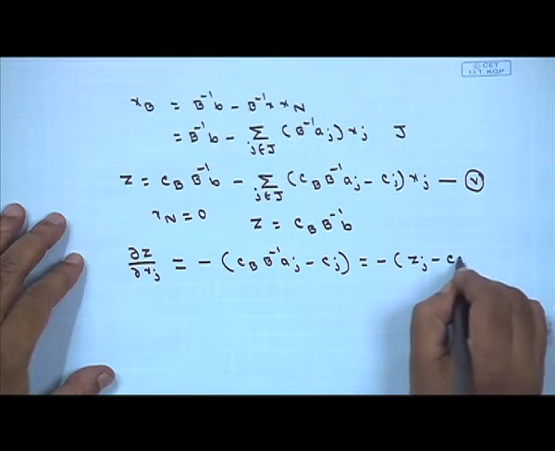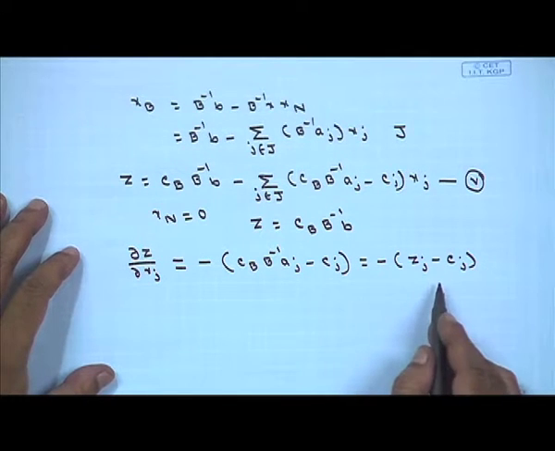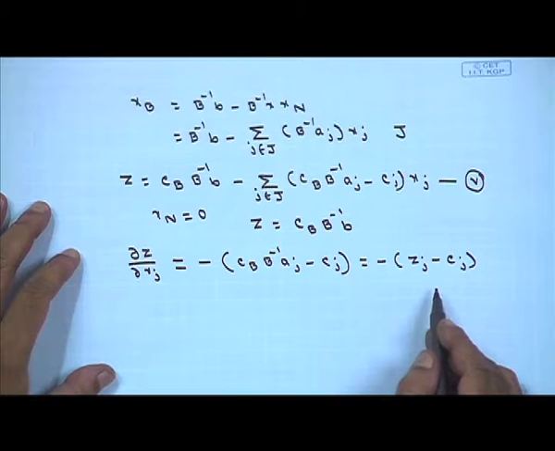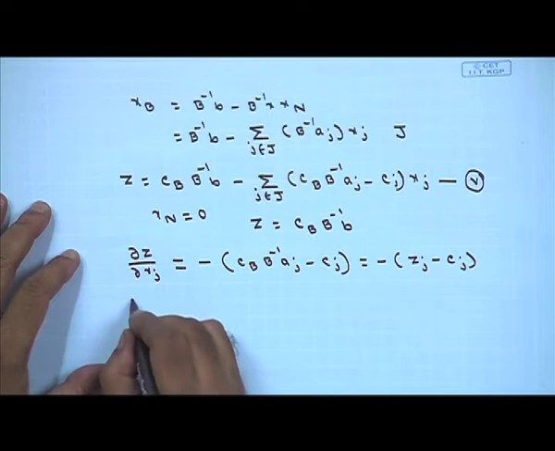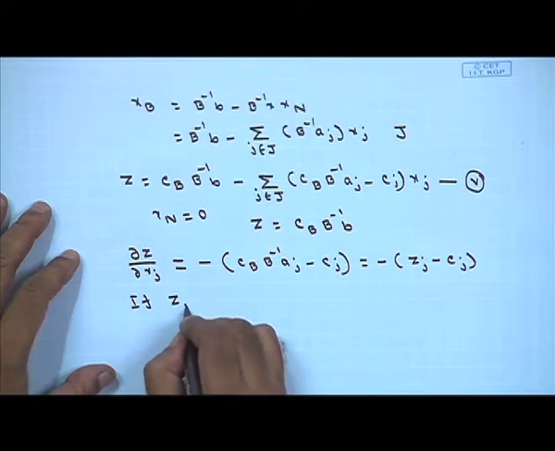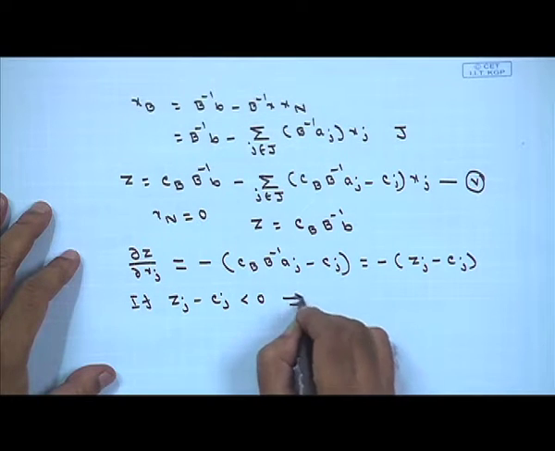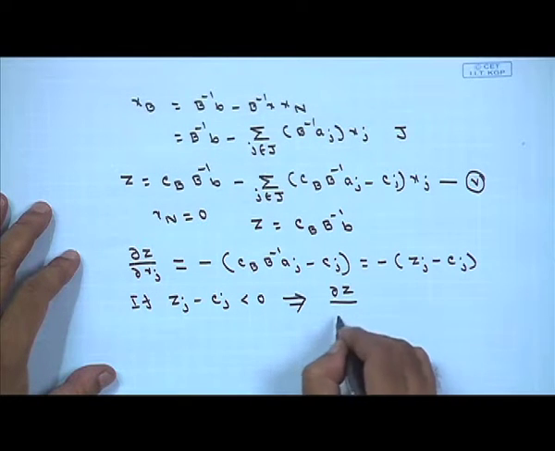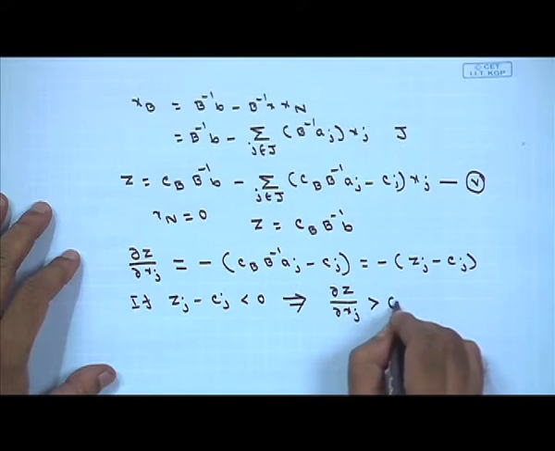So, this becomes Z j minus C j, where Z j minus C j represents the reduced cost value for the jth index. Now, if Z j minus C j is less than 0, this implies del z del x j is greater than 0.